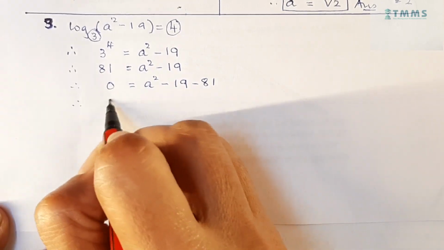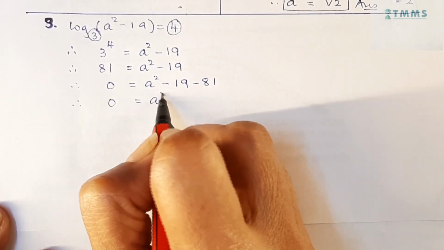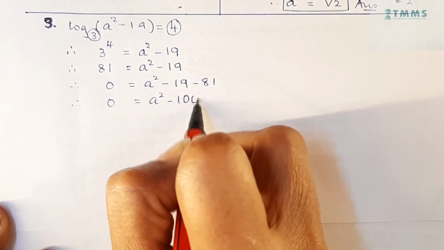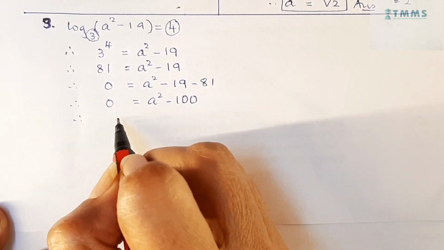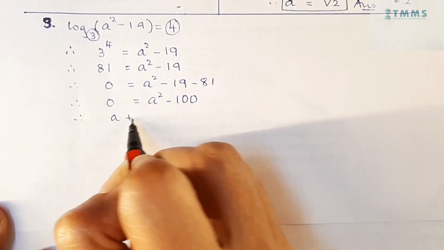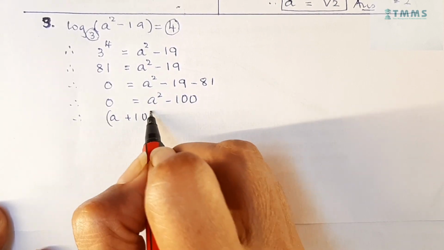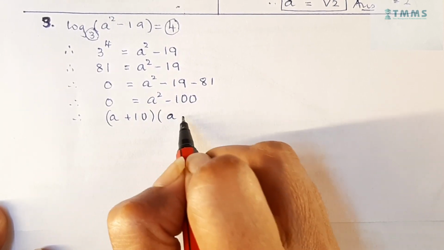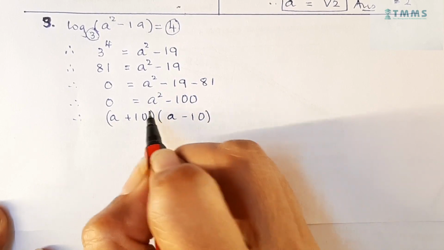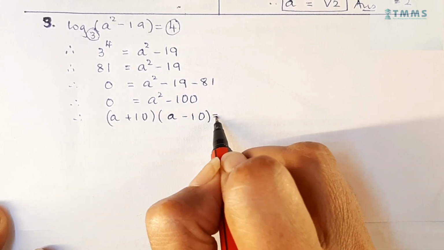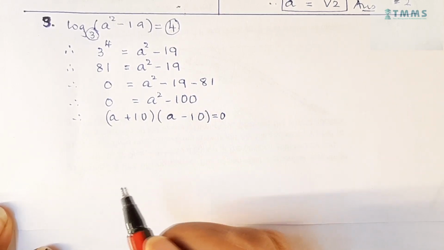That will give us 0 equal to a squared minus 100. And therefore, we will have a plus 10 multiplied by a minus 10. We have factorized this, and that is equal to 0.